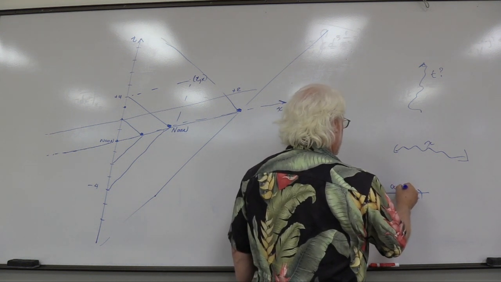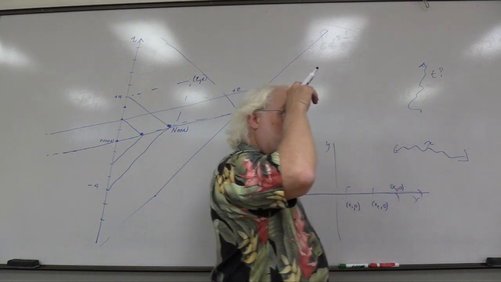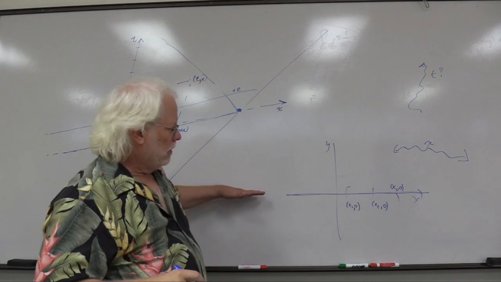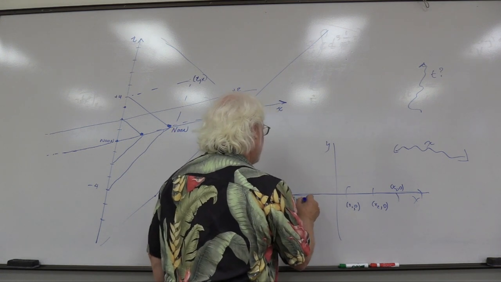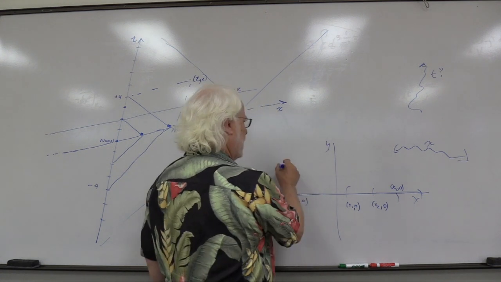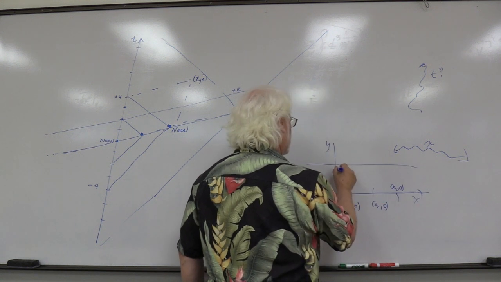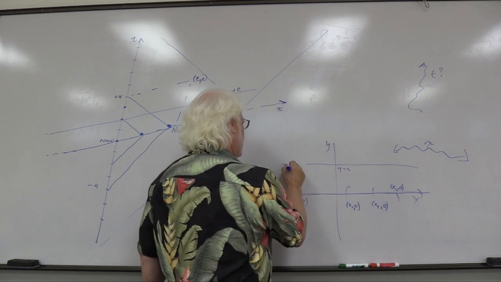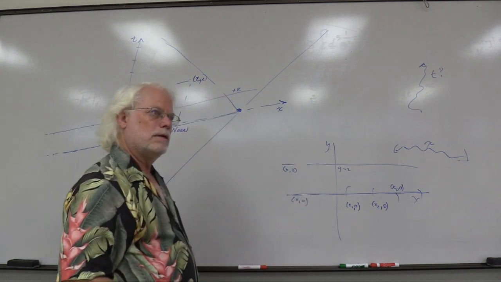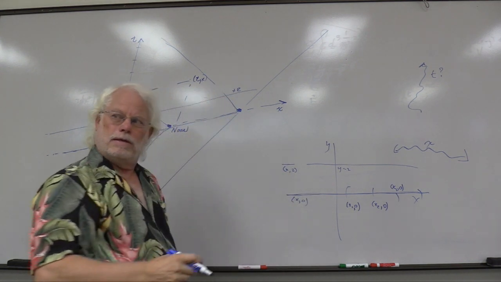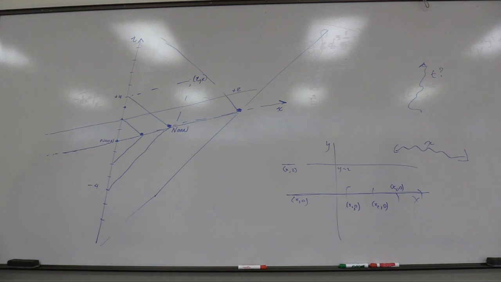This is some x3 when y equals 0. So points along here all have some value of x and 0 for y. Points up here, if this is y equals 2, any point along here is some x and y equals 2. So it's just a given instant, every point at that instant.